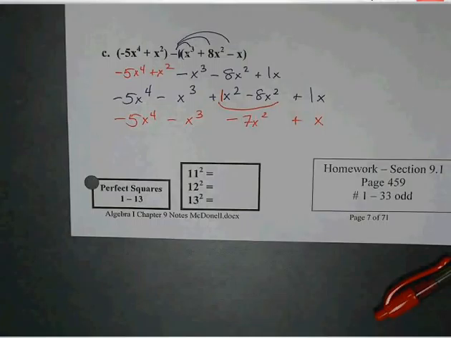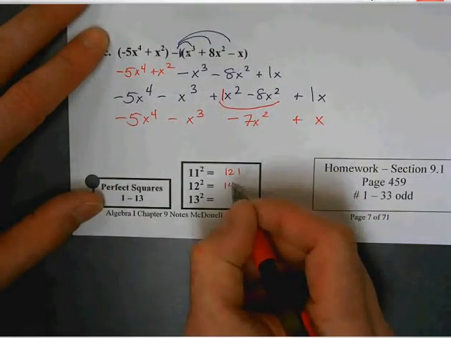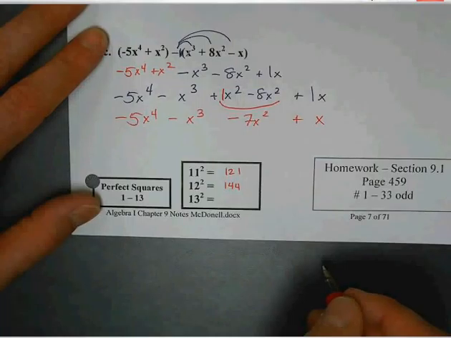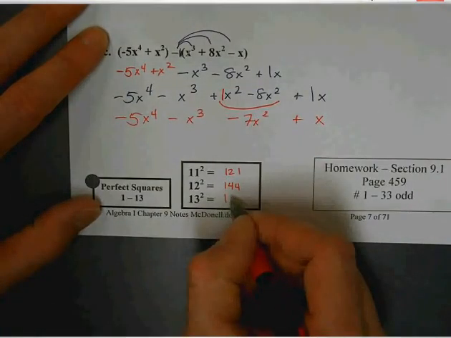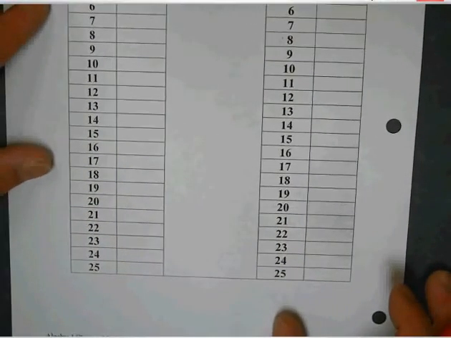Okay, so let's fill these in. 11 squared is 121. 12 squared is 144. Most elementary schools learn through 12s. 13 squared is 169.